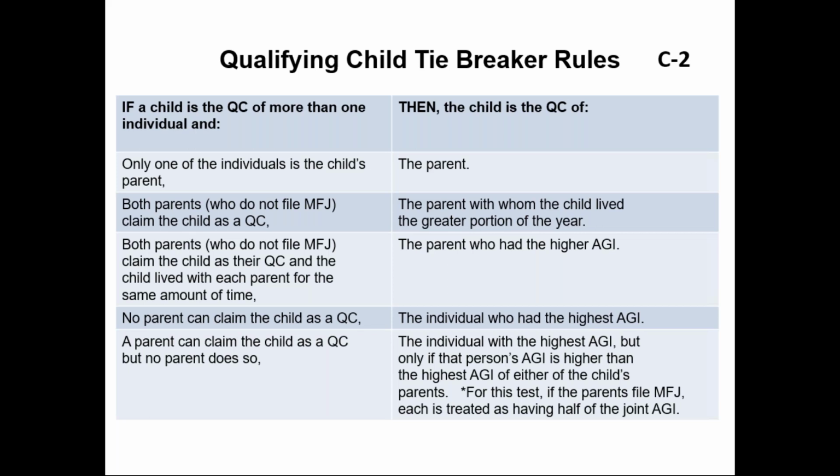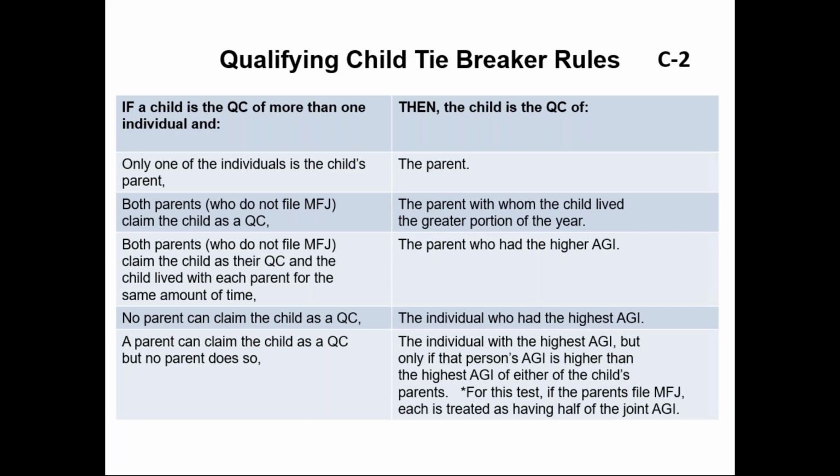We'll file a paper return, and then both parties get a notice from the IRS, and then we go through the flow chart again and determine who is actually the proper one to take that dependency exemption. So it does give us an opportunity to review things. We want to be sure that we have the best situation for our clients and we're following the IRS prescribed rules, but all the information you need to claim dependency exemption will be found in your 4012.